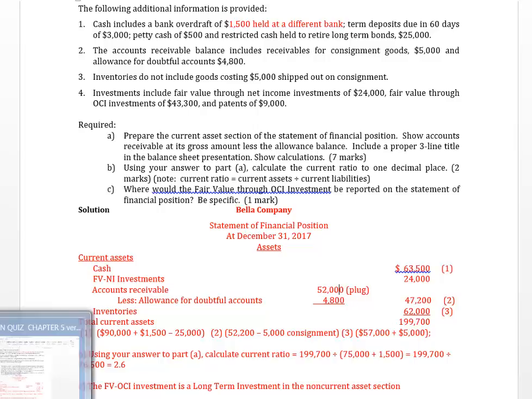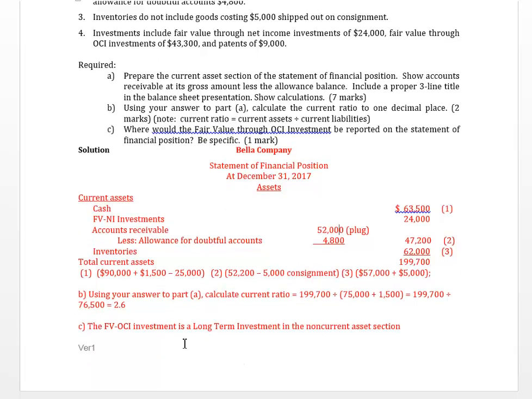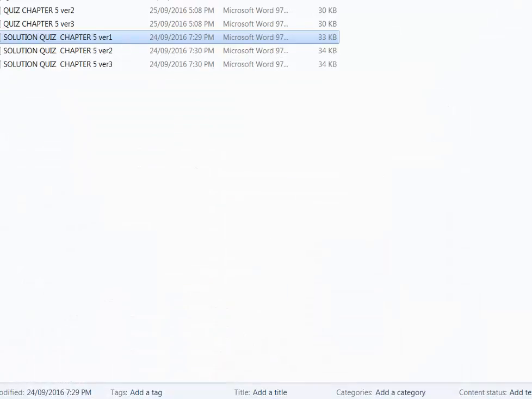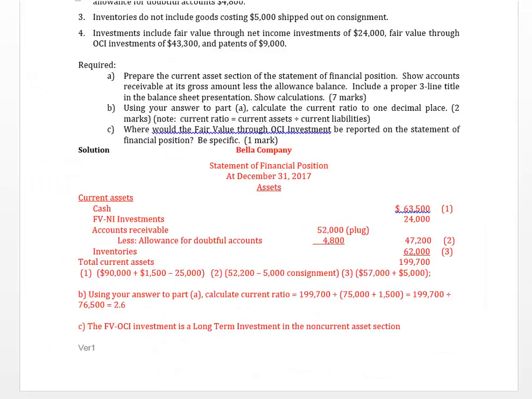So if you want to do it, maybe I'll just do a new document here and show you the logic in case it's escaping you. I have accounts receivable less the allowance, which gives me my AR at net.